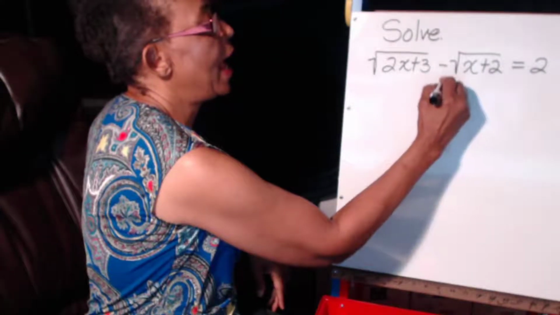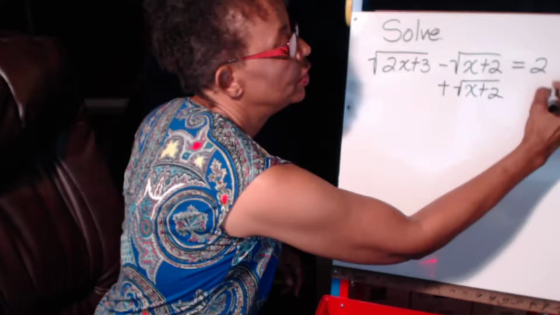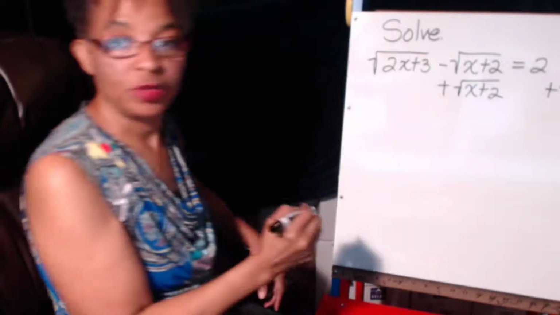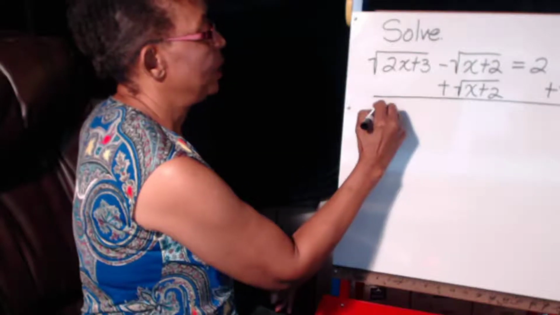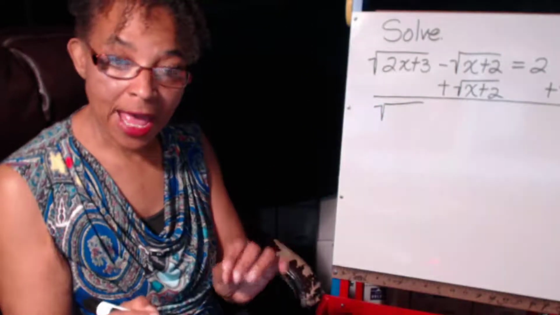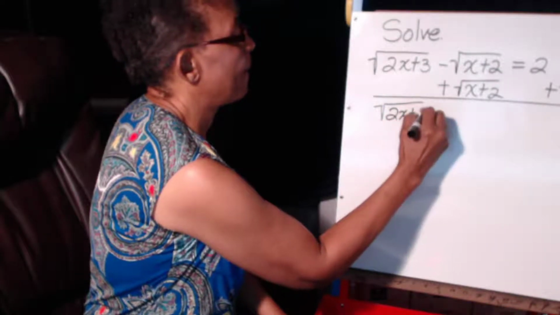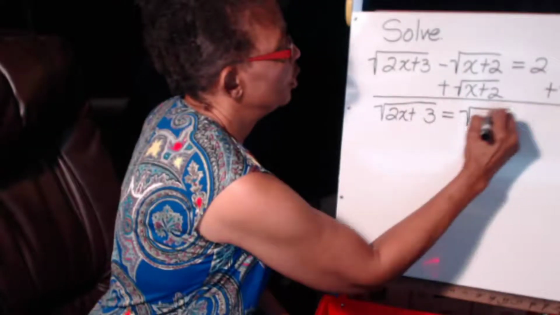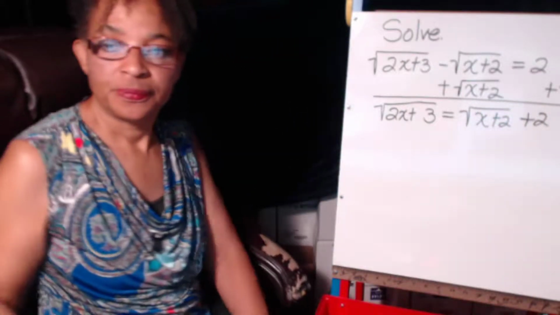So we add the square root of x plus 2 to both sides. So now we have the square root of 2x plus 3, and that's going to equal the square root of x plus 2 plus 2.